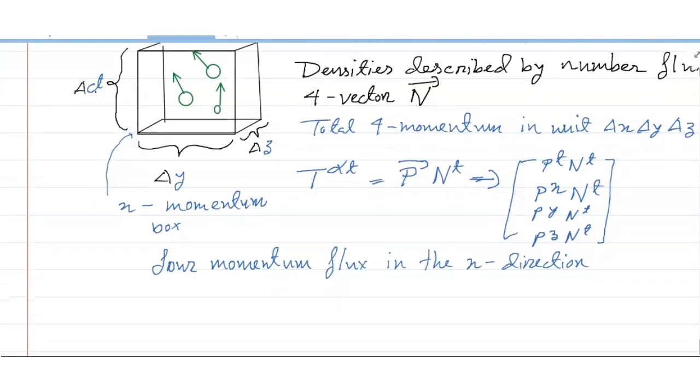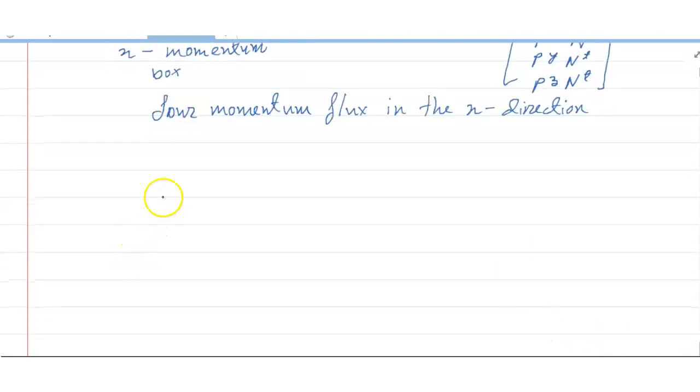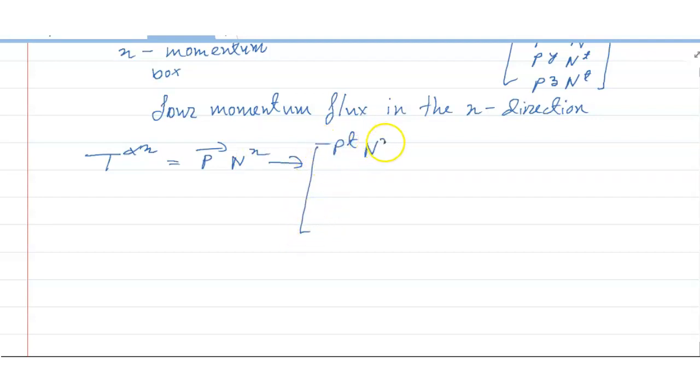I hope you can understand. And T alpha x equals p nx, which is pt nx, px nx, py nx, pz nx.